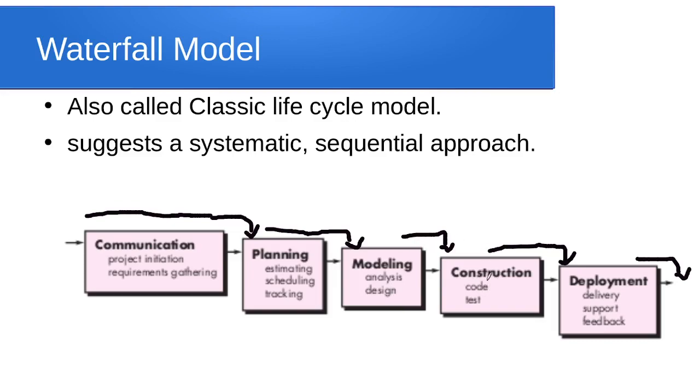In the construction phase, we code it and then we test it, and once we have tested it, we validate that the constructed code is according to the requirement gathered in the communication phase. This is the software, and then it is delivered.